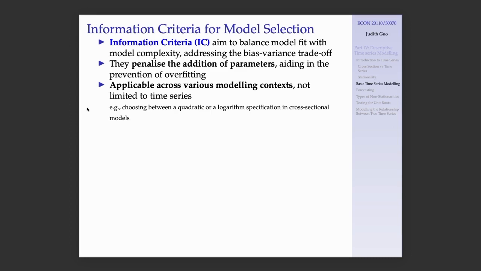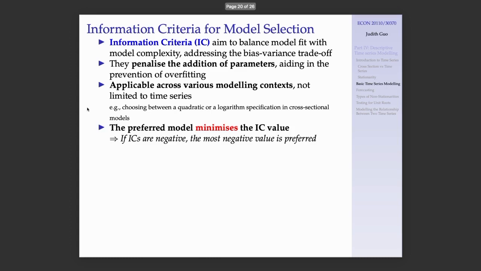So this is one of the reasons why information criteria is very popular in econometrics literature for selecting models, not just for comparing against a smaller or a larger order of AR, but also in a lot of other contexts. Different from the R squared or the adjusted R squared case, the best or optimal model among the set that we're comparing against is the one that minimizes the information criteria.